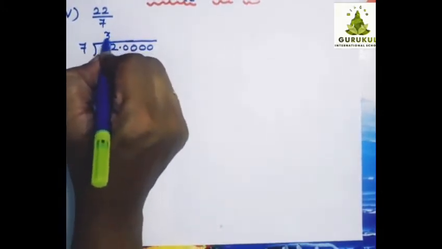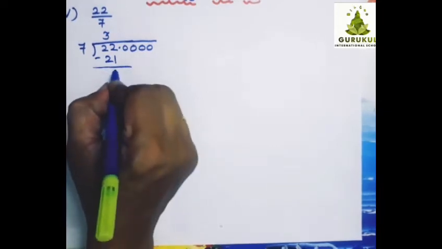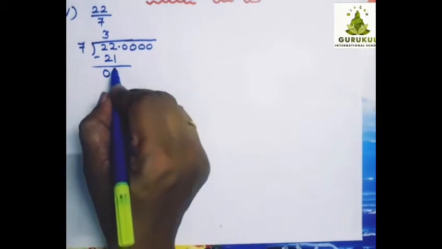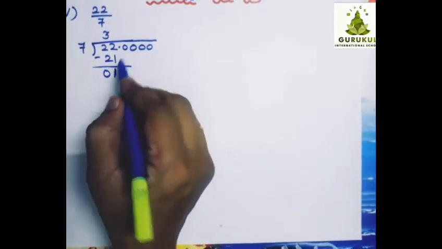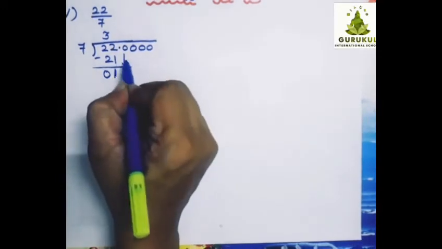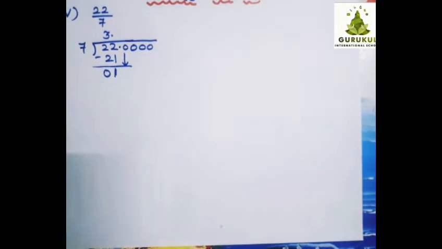7 3s are 21. 22 minus 21 will remain 1. Okay, remainder is 1. Now you have to take this 0 down. So when we have to take the next 0 down, we have to put a decimal point. After the decimal point we are going to put 0, so we should put the decimal point here.